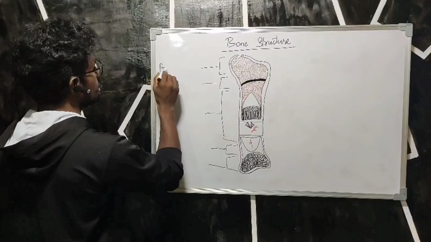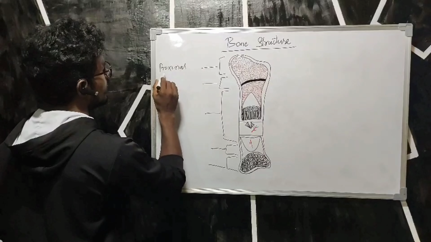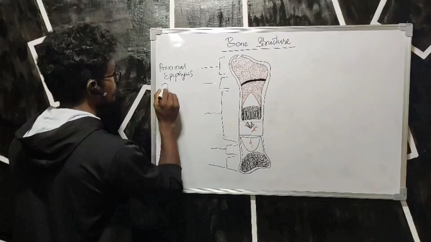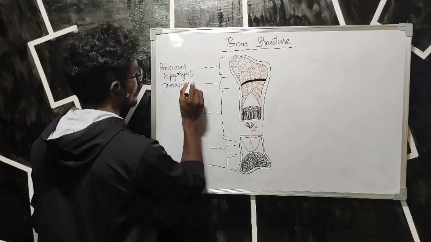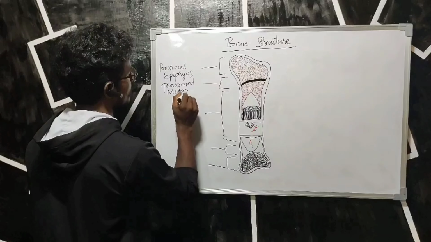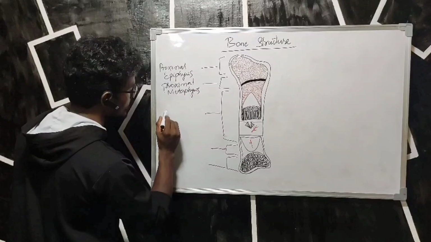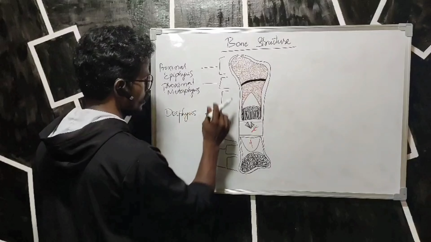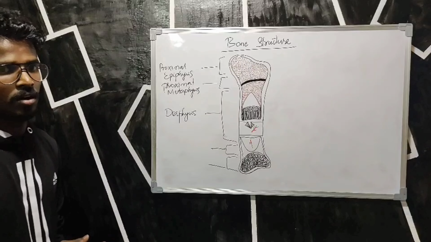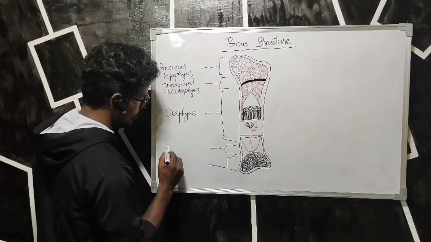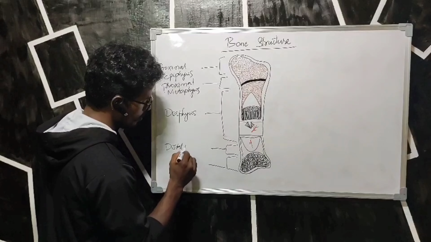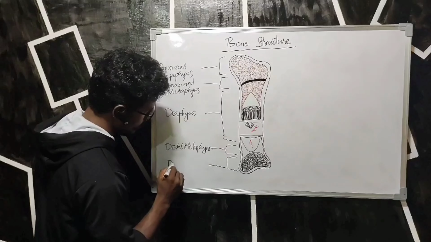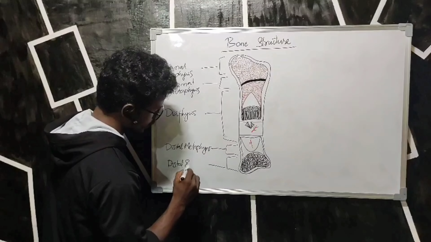So it is proximal epiphysis, proximal metaphysis, and this is diaphysis, which is the shaft. It is in the middle, that's why it is neither called proximal nor distal. And next is your distal metaphysis and distal epiphysis.